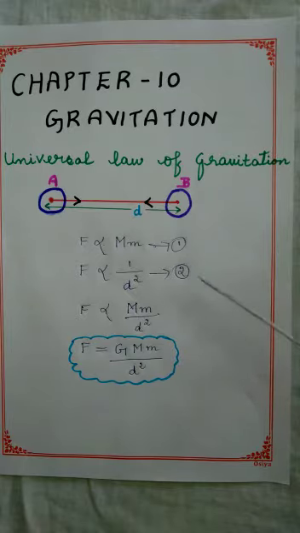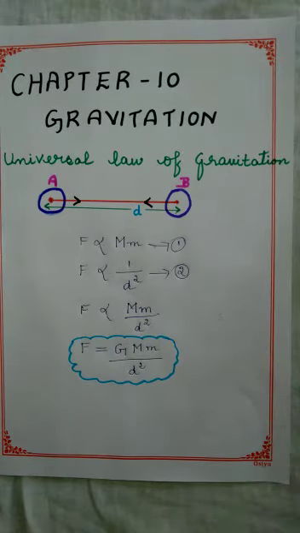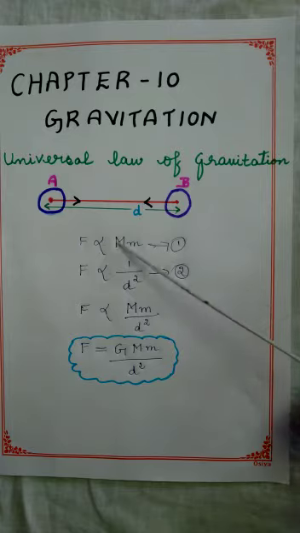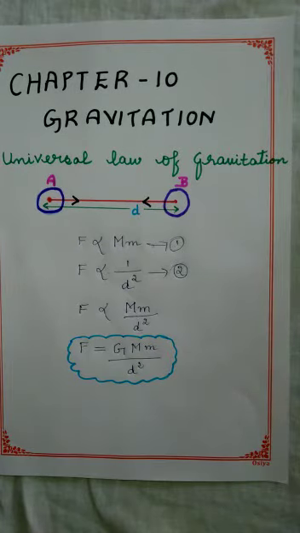The meaning of proportional and inversely proportional is that as the force on the objects increases, their masses also increase. As the force on the objects decreases, their mass also decreases.